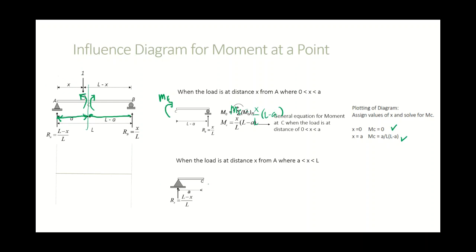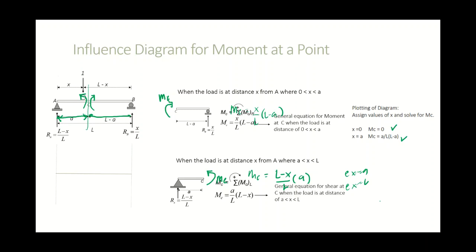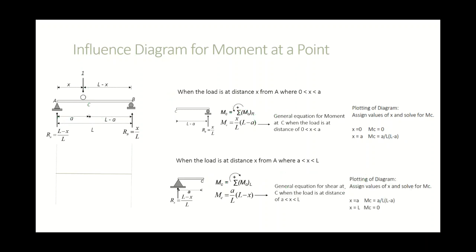Tapos, yung internal moment, MC. So, MC is equal to, opposite yung direction, positive L minus X over L, times the moment arm A. Tapos, at X is equal to A, tapos at X is equal to L. This will give you the value of your MC. Yan na.